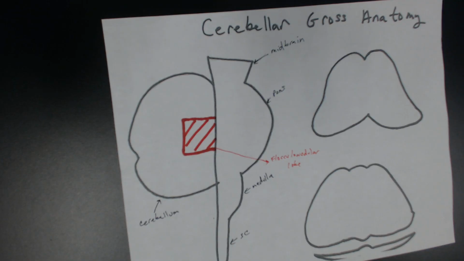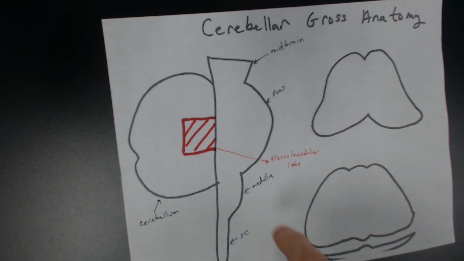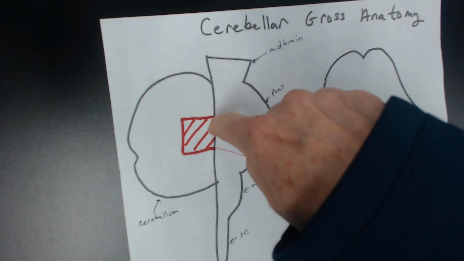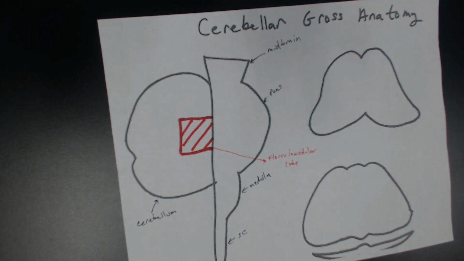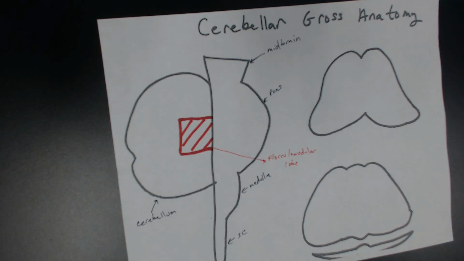Flocculo-nodular lobe. Okay, and that's nothing more than cerebellar gross anatomy. You will see the flocculo-nodular lobe ordinarily when we look at the other spaces, but you can't see it unless you do a sagittal section because it's tucked in behind the brainstem. Okay. And moving on, so that's your flocculo-nodular lobe.